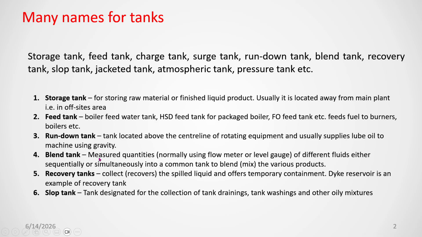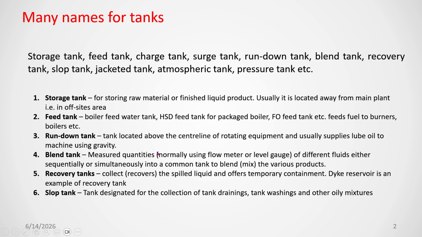Rundown tank means suppose your turbine is running, compressor is running, and your power failed, then no lube oil pump will be there to feed oil into the bearing housing. But if you are having the rundown tank, during this failure condition of your AC and DC, when no oil pump is running, the rundown tank will supply the oil to the bearing.